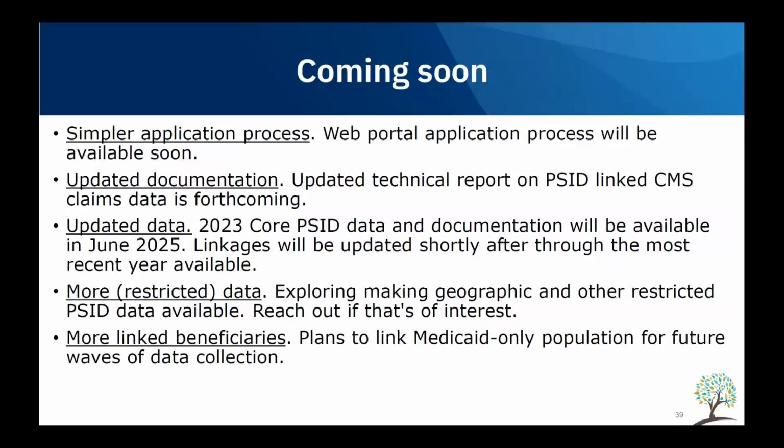So we're updating our technical report on the PSID linked CMS data, and that's forthcoming as well and will be posted online as soon as it's available. We're working on updating data. So we'd mentioned that everything's available through 2021, but the 2023 core PSID data and documentation will be available in June 2025. So within weeks, hopefully.